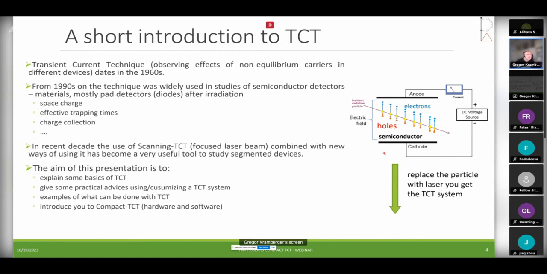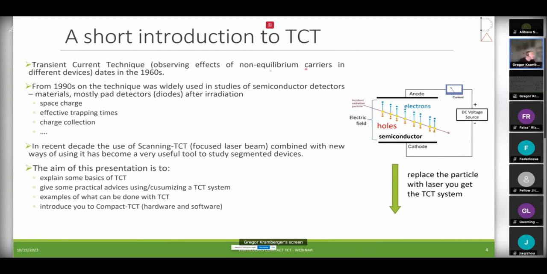And what you actually look at in transient current technique is the current induced. Most of the applications in high energy physics use the charge, so how much charge you collect. And the advantage of looking at the current is, of course, that you get much more information about your sensor.